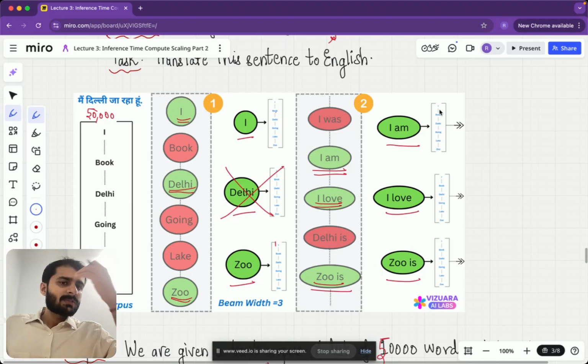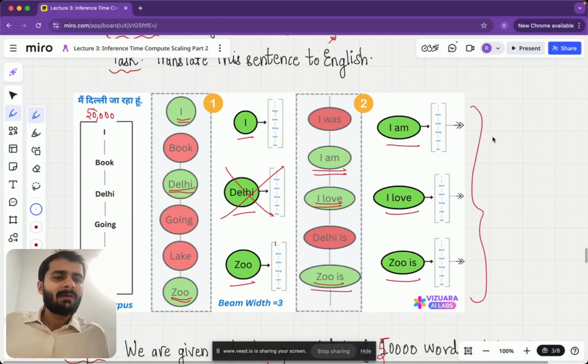And now we choose the next best possible three, which can be, let's say, I am going. So after this here, we again have to pick three. So let's say I am going, I love Delhi, and zoo is green.